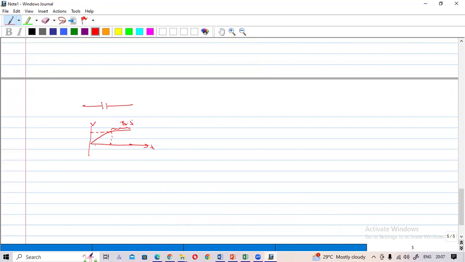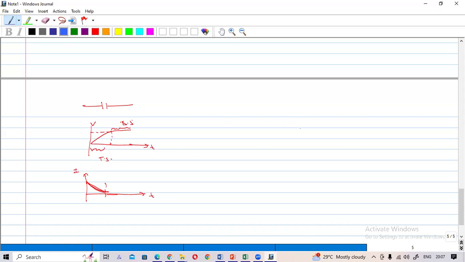This is called the transient state. This is the voltage. The current curve is like this. At the steady state, current is 0. At the transient state, current is decreasing, like this. This is the current.